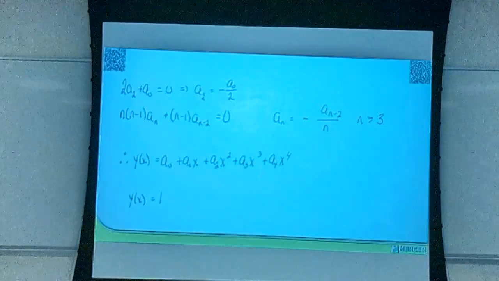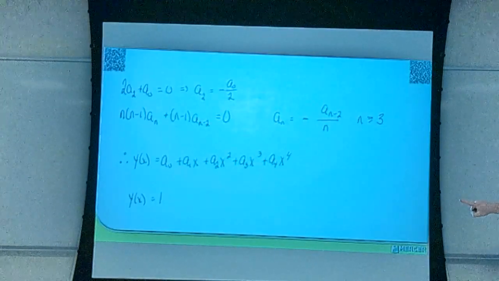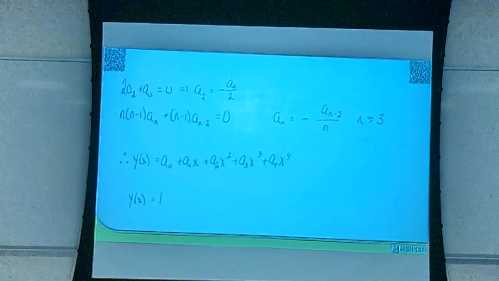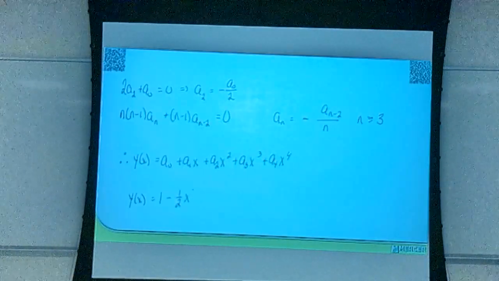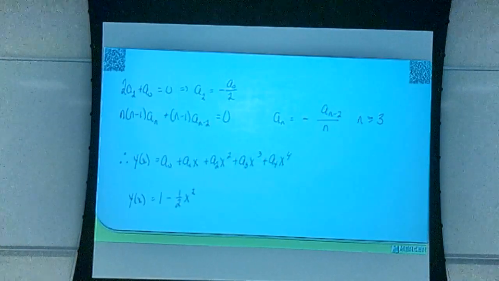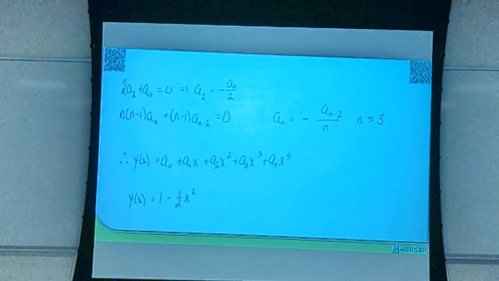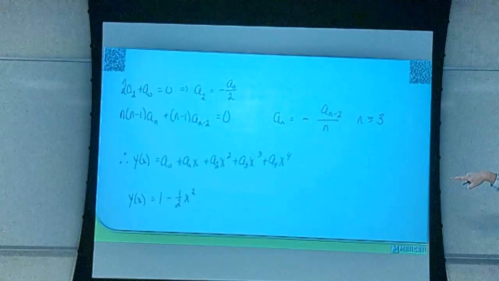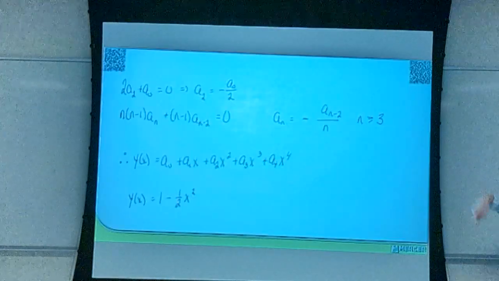A naught's 1. A1 is 0, gone. A2 is negative a naught over 2, but a naught's 1. Now we need A3. That'd be negative A1 over 3, right? Oh, A1 is 0. So that's 0.